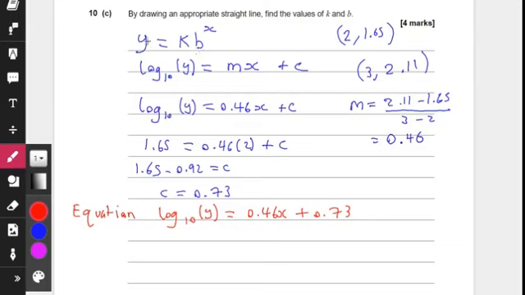And then if we want to convert it into the form y equals something times something to the power of x, well, we need to undo the logs. By using exponentials, we can say y is equal to 10 to the power of 0.46x plus 0.73.